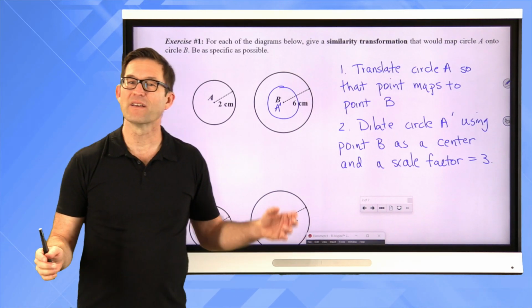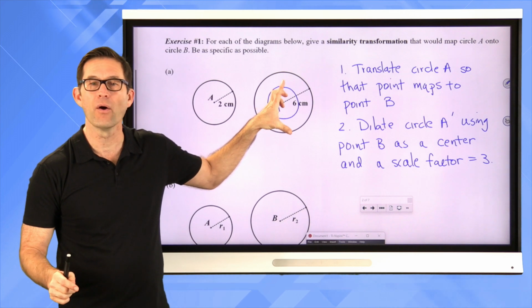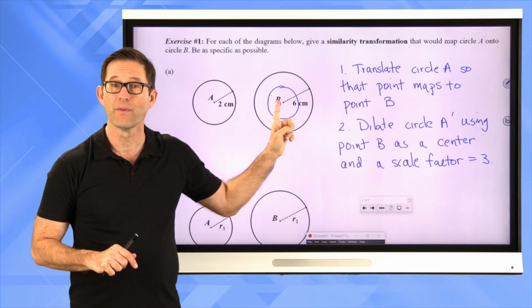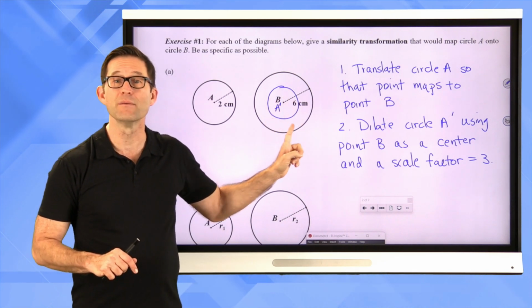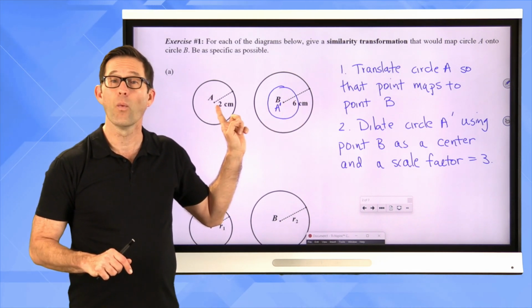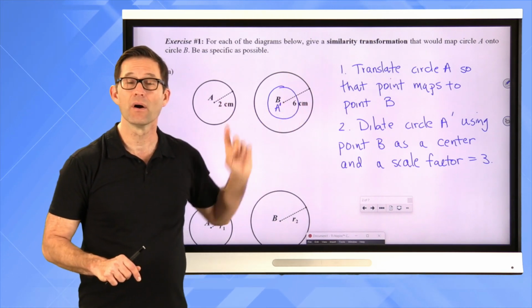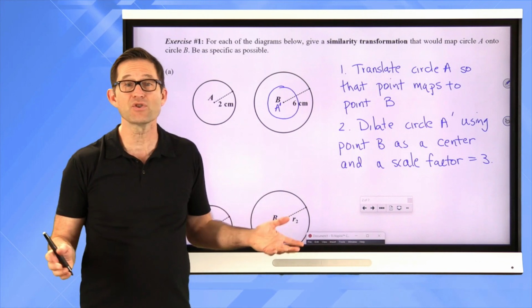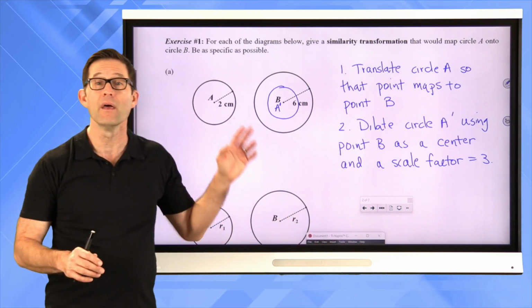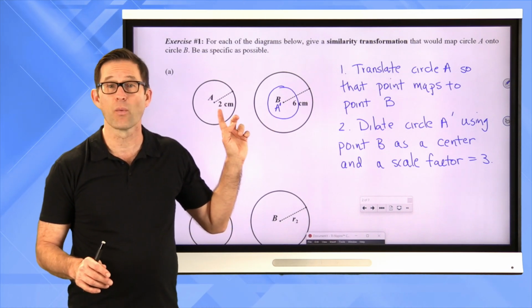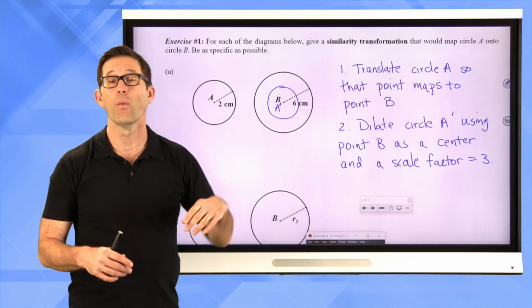That's it, because if I suddenly stretch this thing out with a center equal to B, remember the center of a dilation doesn't go anywhere, then every point that used to be 2 centimeters away from B now will be 6 centimeters away from B, because that's the definition of a dilation. We're just moving every point by that scale factor so that it's that many times larger away from the center than it was to begin with.